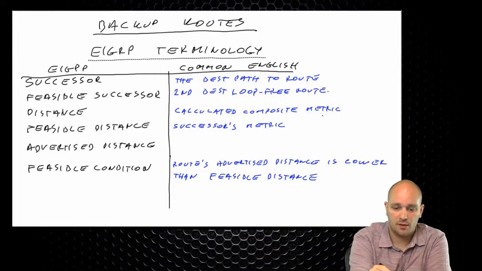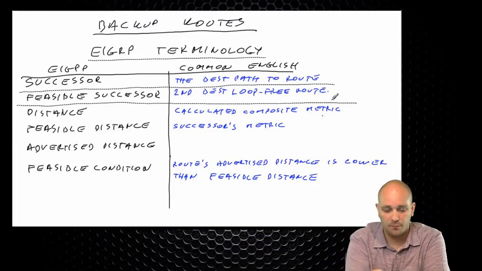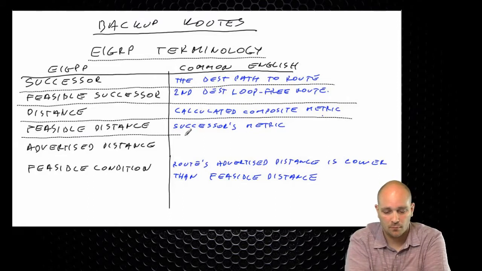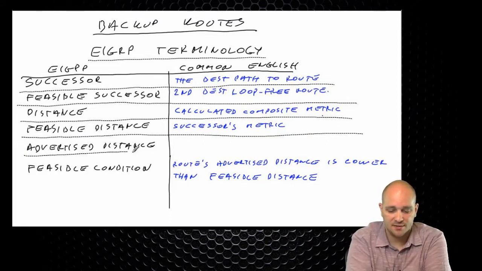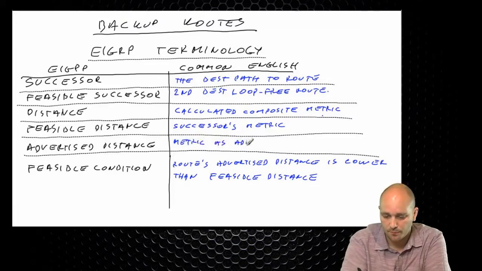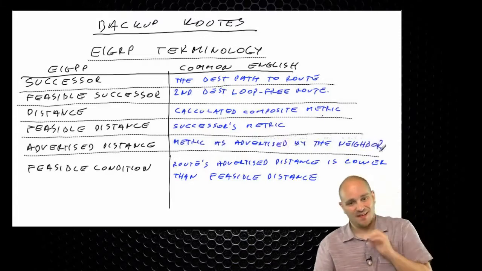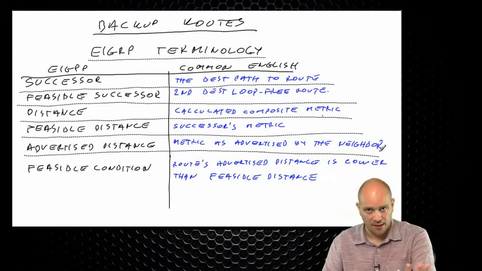So, let me just quickly divide these so that you know which one is dealing with what. Now, advertised distance is the metric as advertised by the neighbor. Okay, so this is the translation between EIGRP and the Common English.